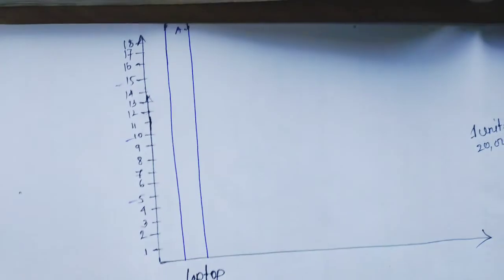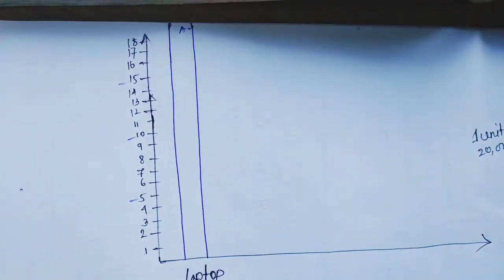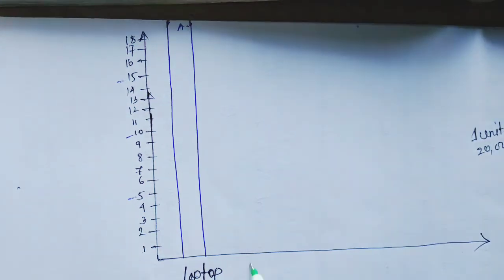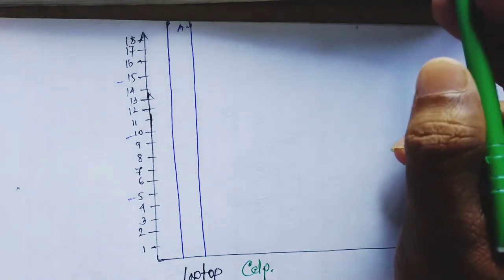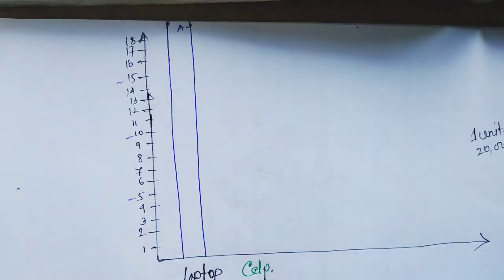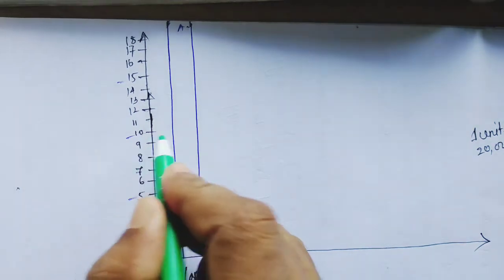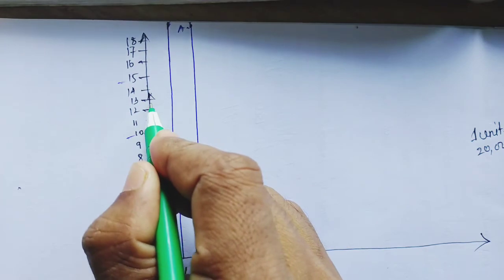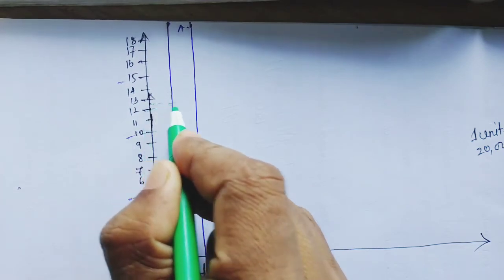Now the next gadget is cell phone. So right here, cell phone, and the cost of the cell phone is 2,50,000. So this is 1 lakh, 2 lakh, 2,20,000, 2,40,000 and 2,50,000 at that place.